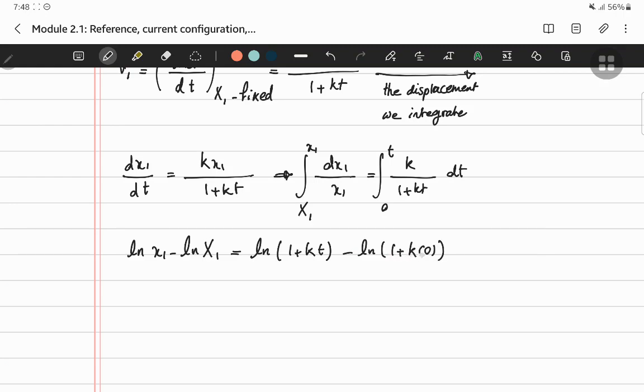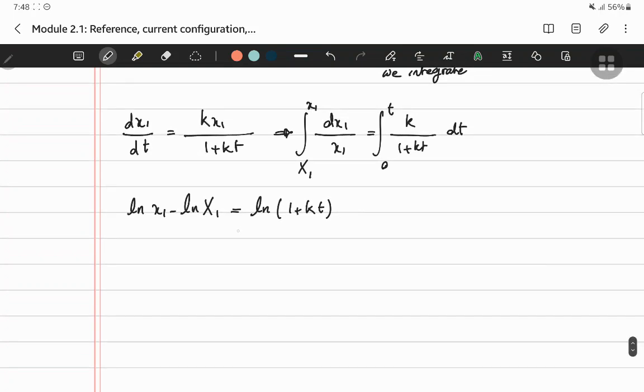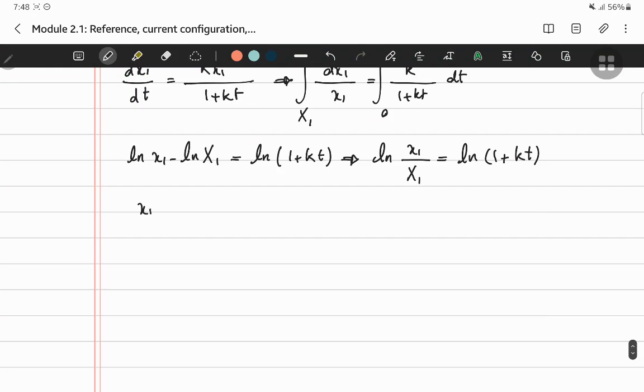So this is basically 0, since 1 plus 0 is 1, and ln 1 is 0. So I can write this as ln of x1 divided by X1 equals ln of 1 plus kt, and finally I can write x1 is equal to 1 plus kt times X1.